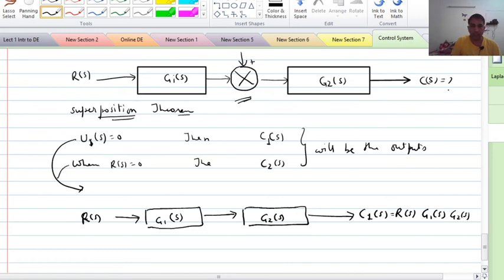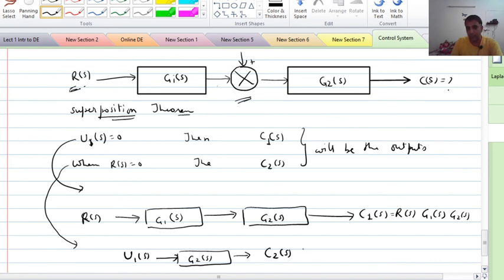But in the other case, because Rs is equal to 0, 0 multiplied by G1s will give us 0, and if one input of a summing box is 0, then it is meaningless to have this summing box, so we can remove it. Then in the second case, we will get only G2s as the path, and this is U1s, and we will get C2s equals U1s G2s.